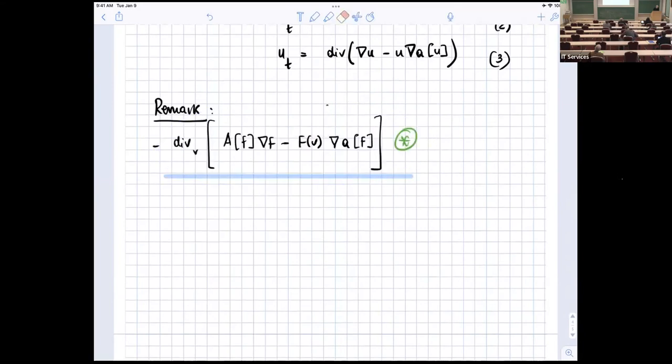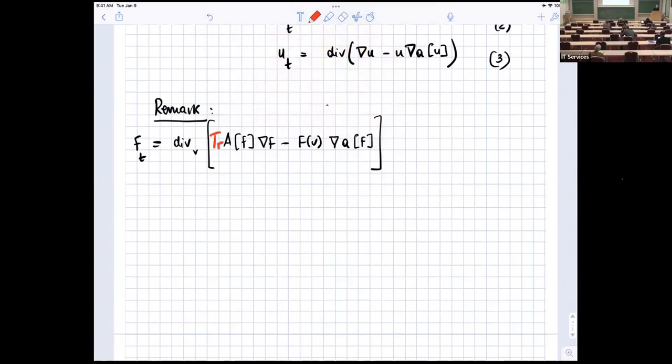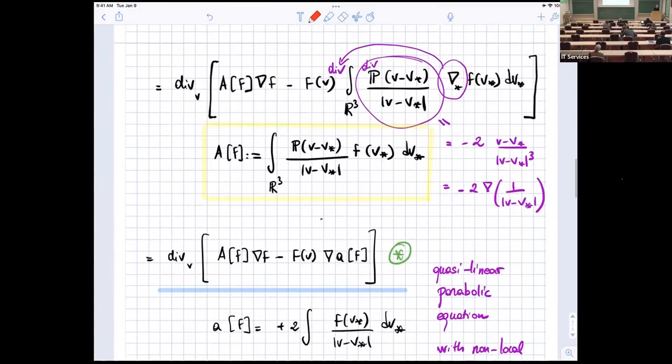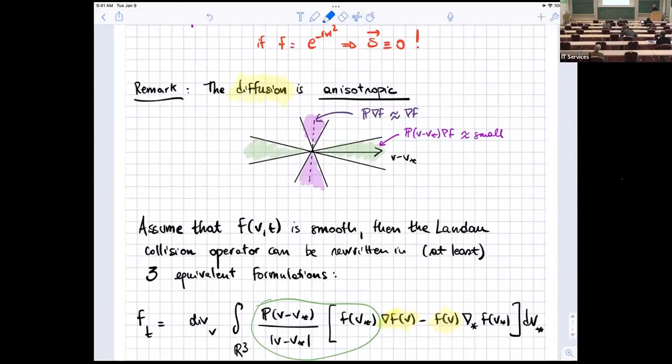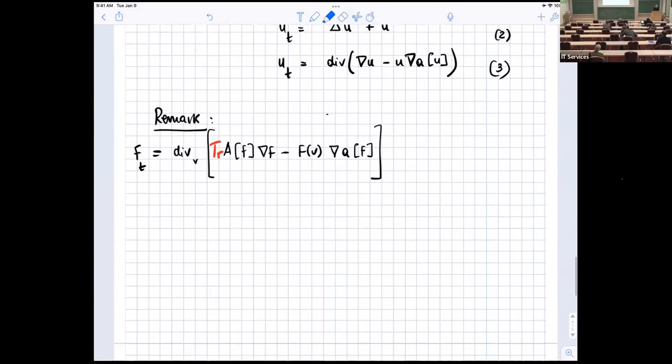If I modify this equation a little bit, and somehow remove the anisotropy, I do something like that: I take the trace of this matrix, capital A. Taking the trace means that you are basically removing the projection matrix here, and I'm basically removing this bad cone, the green cone, if you want to think this way.